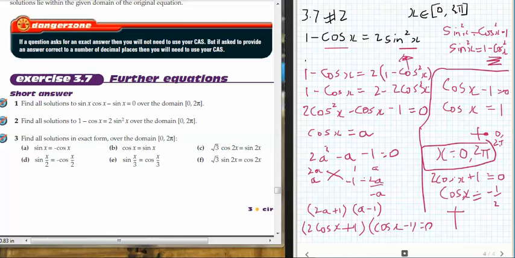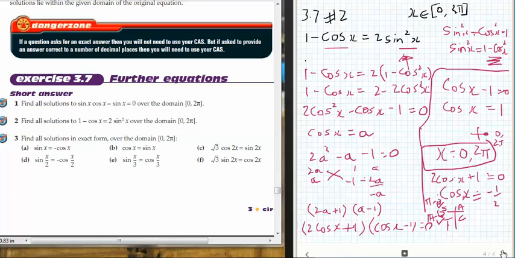Where is cos negative? All stations to Coburg. Cos will be negative there and there at pi minus theta and pi plus theta, and theta in this particular case is pi on 3.